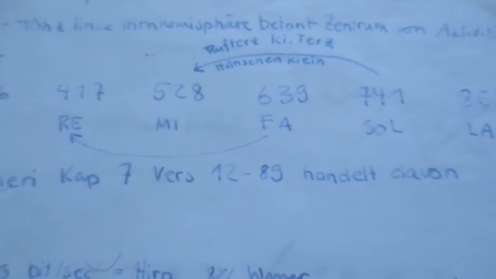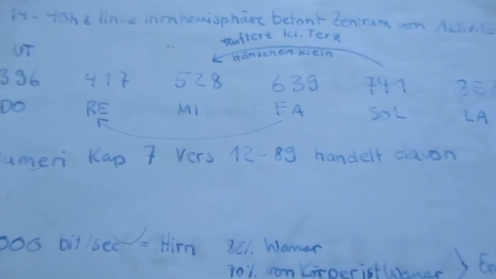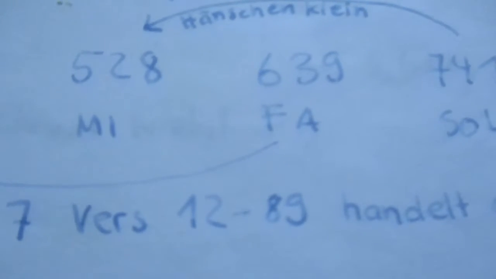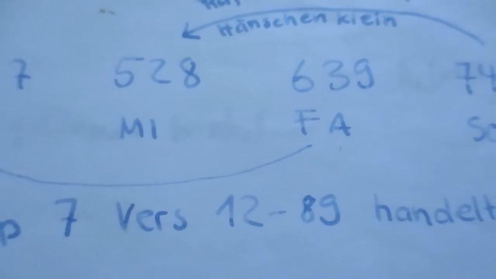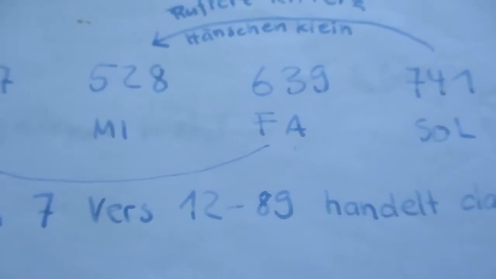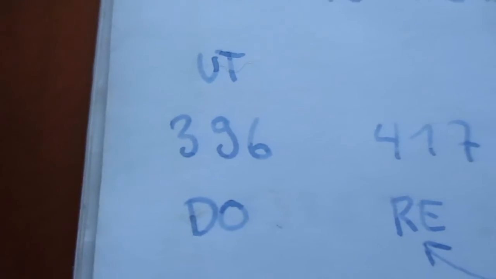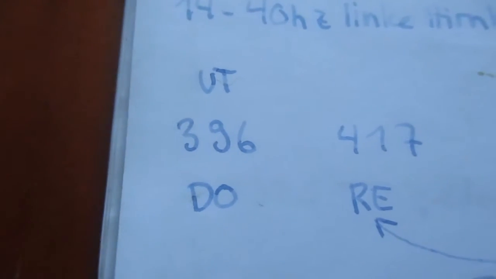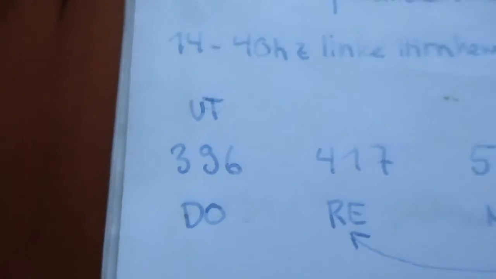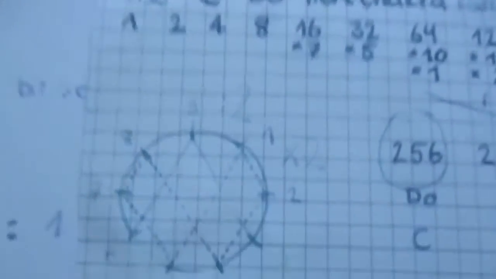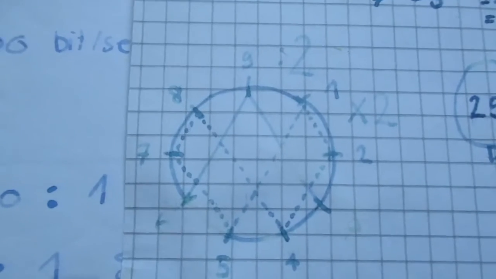But this one here, as you can see, is the solfeggio, which is not about music, it's about calculating, because I told you 3, 6 and 9 here, 396 is always belonging to this middle grid here of this figure.